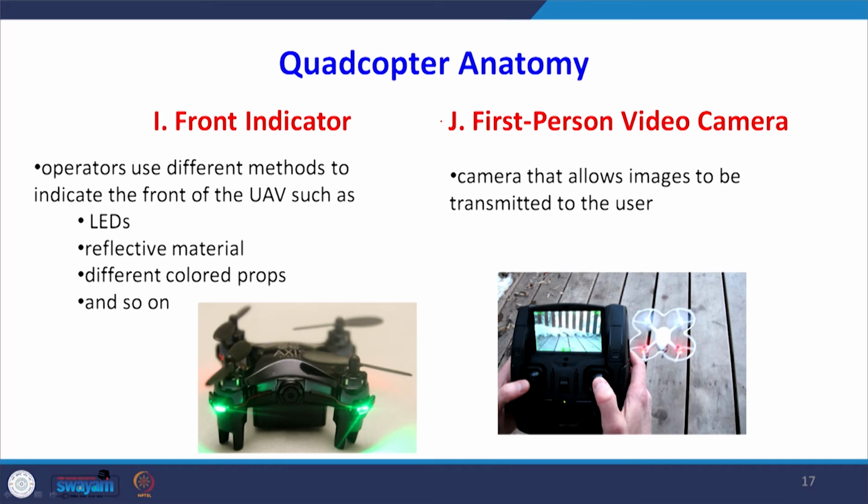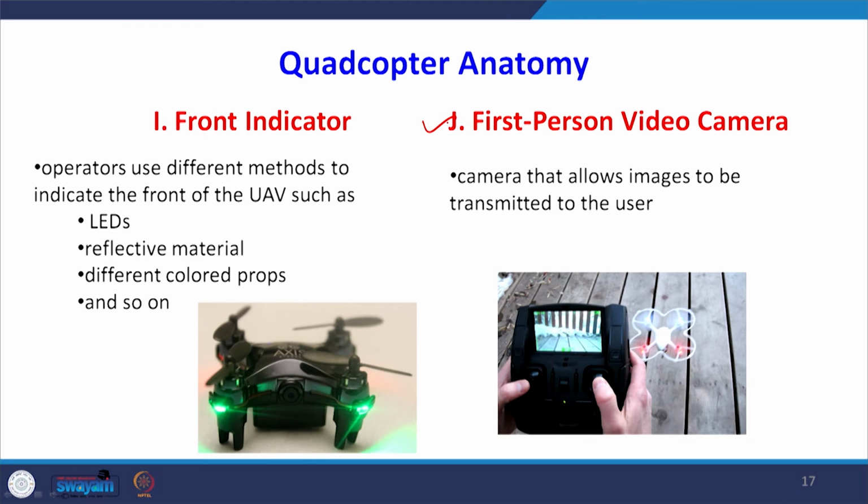Then the next one is the first person video camera, and this is very important. It will allow the images to be transmitted to the user. If I am the user on the ground and the UAV is flying and taking images, I like to see how much area it covers at any given time, whether it is taking images of the required study area or going outside it.